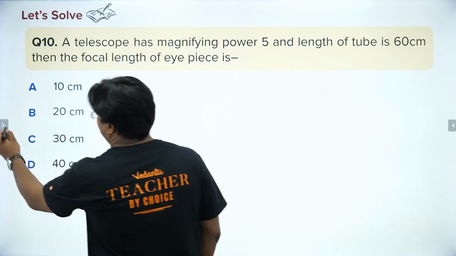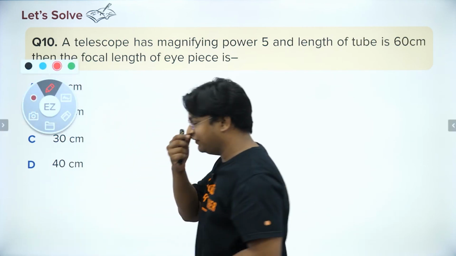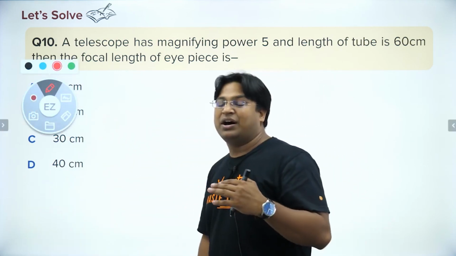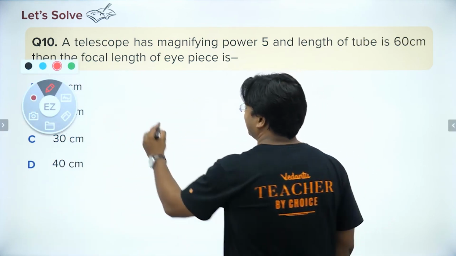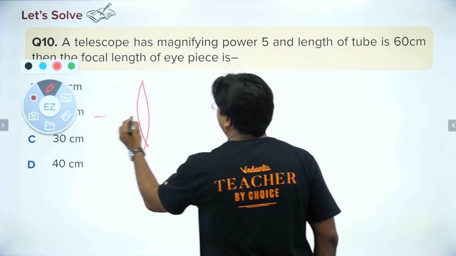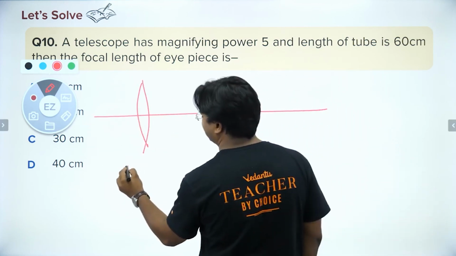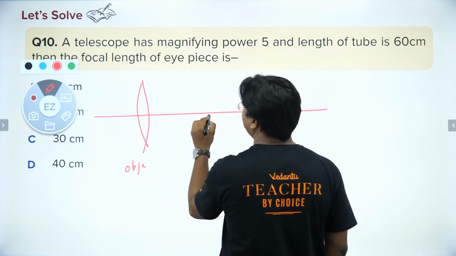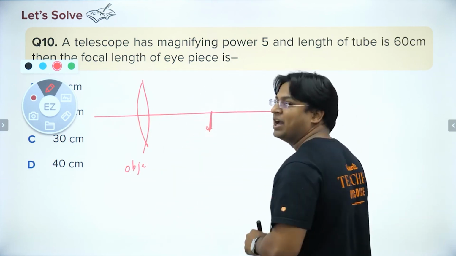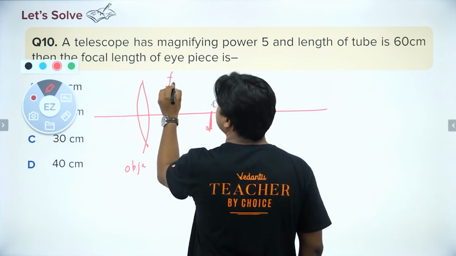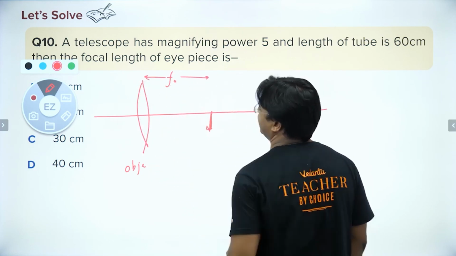Okay. So first of all, let's understand the working of a telescope. You should remember it, and if you don't remember it, it works like this. The first lens, that is the objective lens, creates an inverted image at the focal plane. So this distance is the focal length of the objective lens, right?